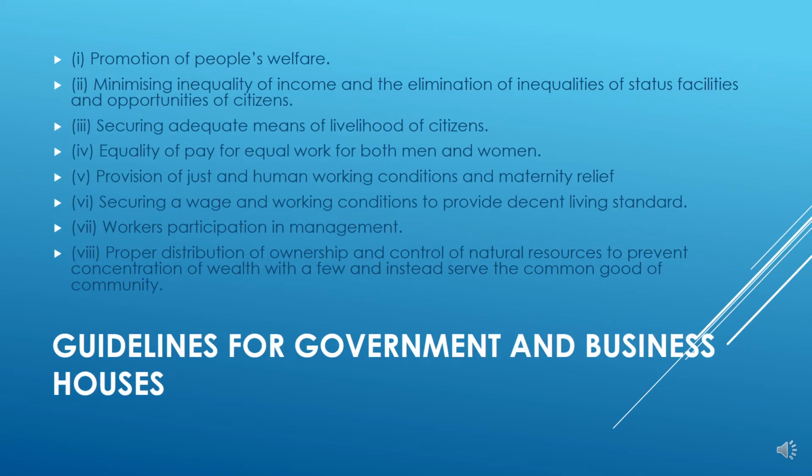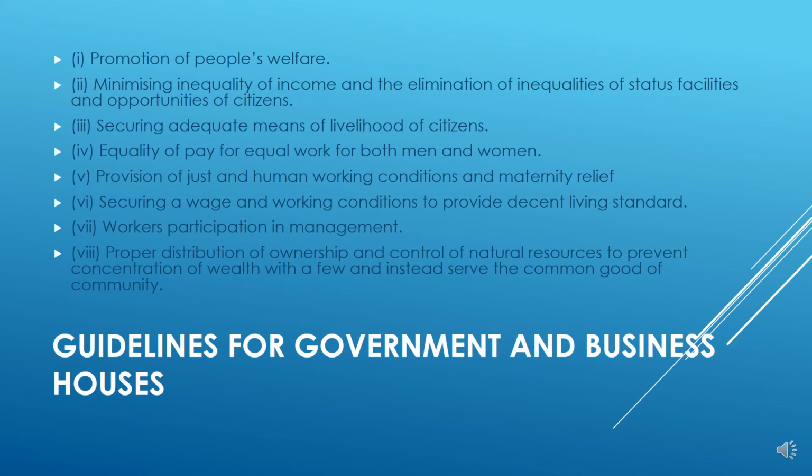What are the guidelines for government and business houses? Generally, it is the promotion of people's welfare, minimizing inequality of income, and the elimination of inequalities of status, facilities, and opportunities of citizens.